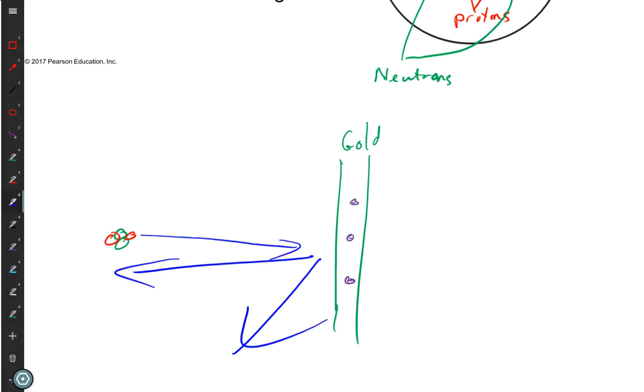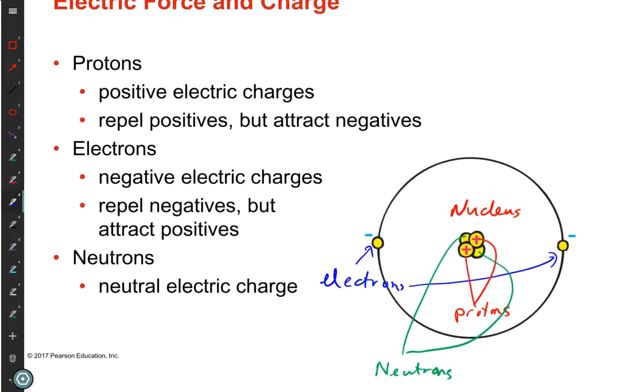And so then Rutherford came up with what he called the planetary model. That, my friends, is the planetary model. The planetary model says that you have a nucleus where all the positive charge is, and then you have electrons orbiting it like planets orbiting the sun.